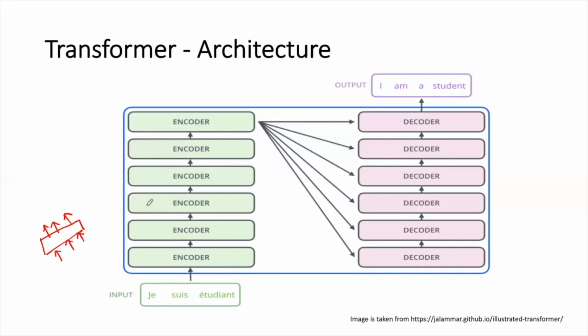If we pass through this stack of encoders, finally for each input word we will have an encoded representation. Once we generate those, in this case three vectors, we pass all of them to each of the decoder layers. That's the data flow that is seen, and the decoder generates the output translation.